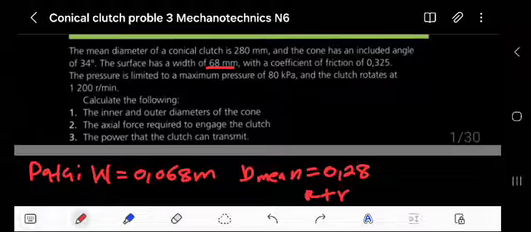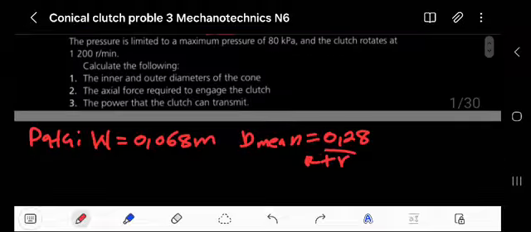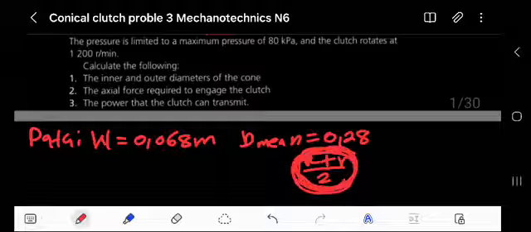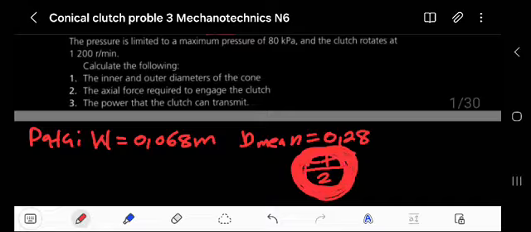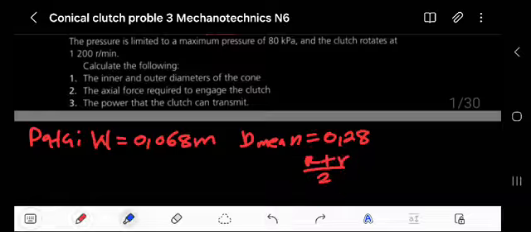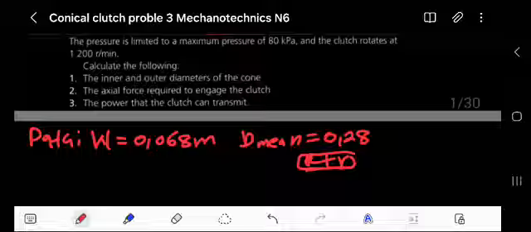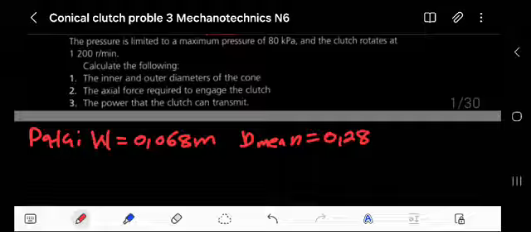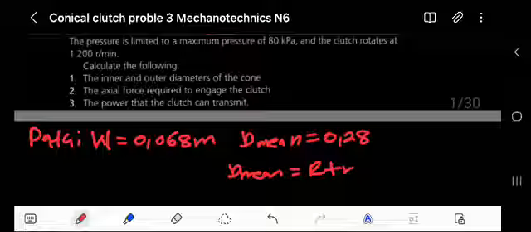Remember, mean diameter is the same as R1 plus R2 divided by 2. So this thing is R_f, right? To find R_f, we're supposed to divide by 2. So D mean is the same as R1 plus R2.